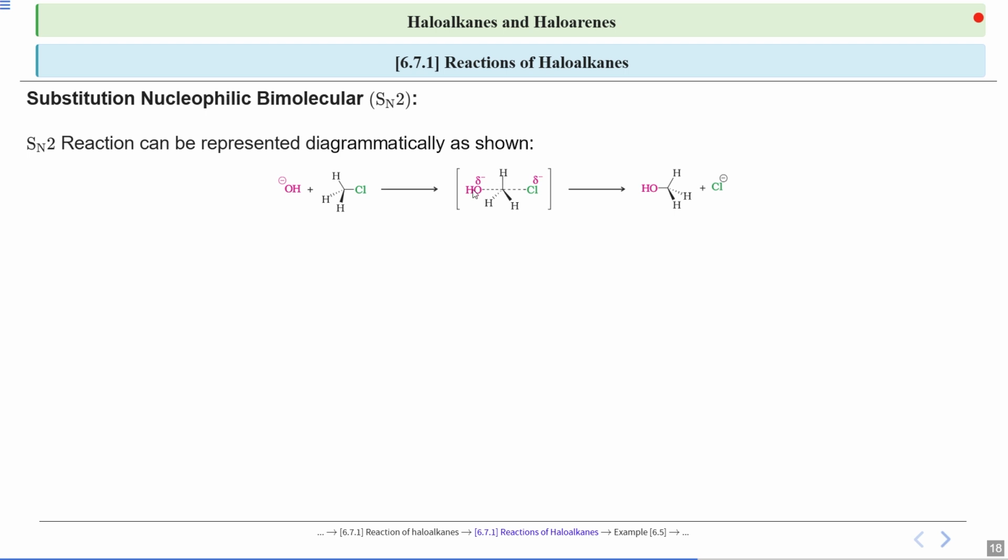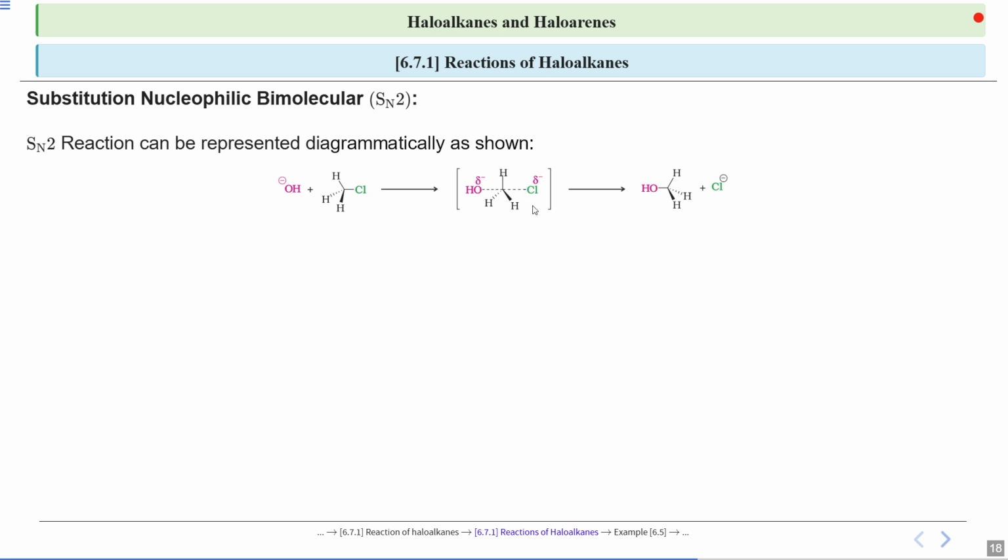The lone pair on our nucleophile attacks the carbon of the carbon-halogen bond, and then the carbon-halogen bond starts to break, and the shared electrons move onto the halogen.